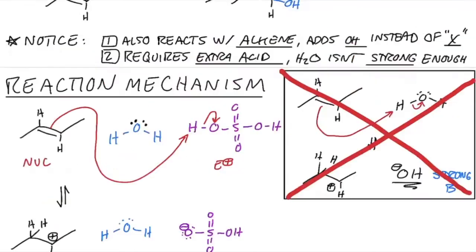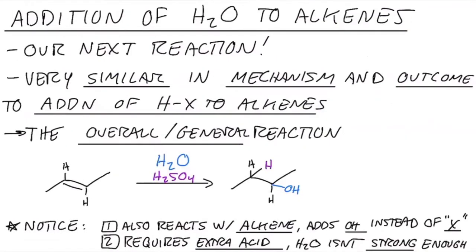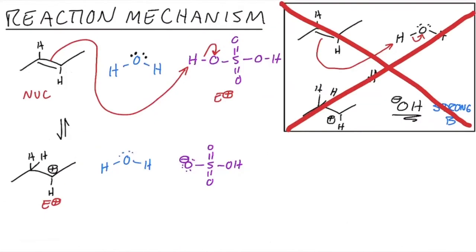If we've forgotten, let's revisit our original slide to see the overall reaction and say, oh, okay, yeah, the piece we want to add is just an OH. And so which of these two is most similar to just an OH? It's water. So therefore, we want water to be our nucleophile. It's the stronger nucleophile, and it's the one that we need to get the correct product.